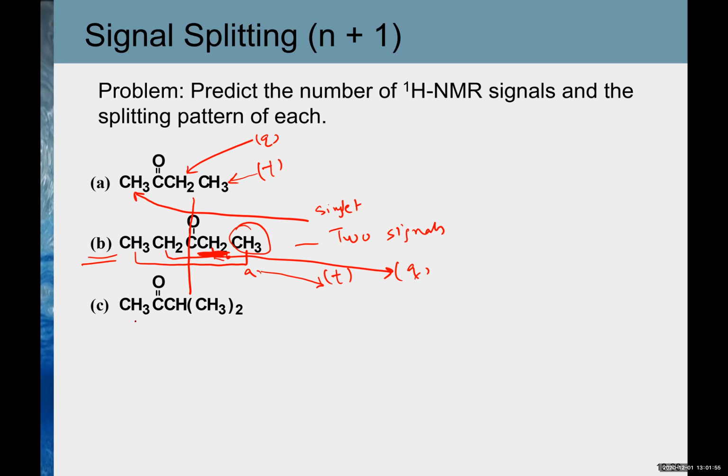Here, one signal will arise from these 3 hydrogens, then this one, and these ones will give us another signal, so 3 signals. So it's a good idea to expand the structure first. That will give us a better picture. So it's CH3, CO, CH.